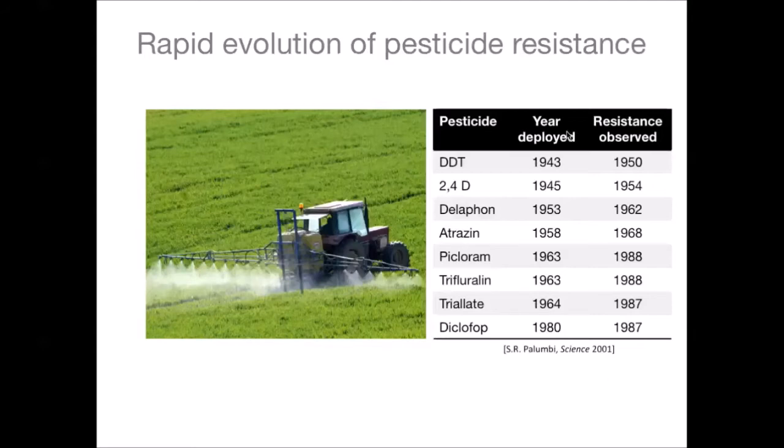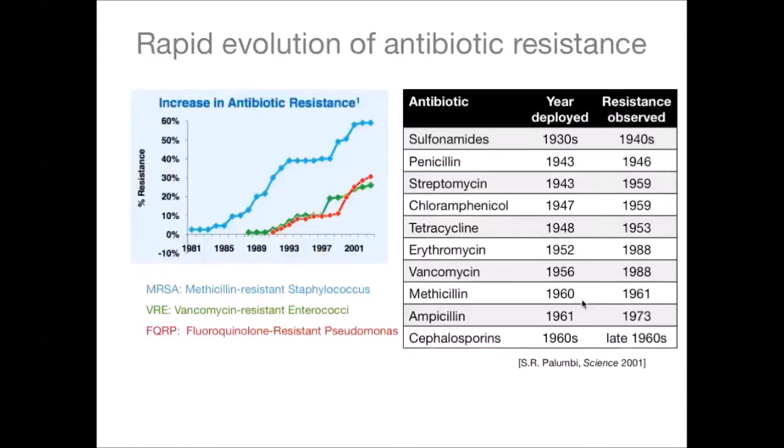So, for example, the application of pesticides time and again has resulted in resistance evolving within a mere decade. And we see the same story again with antibiotic resistance. And so the question is, is evolution slow, like Darwin thought, or is it rapid, like we're seeing with these examples?